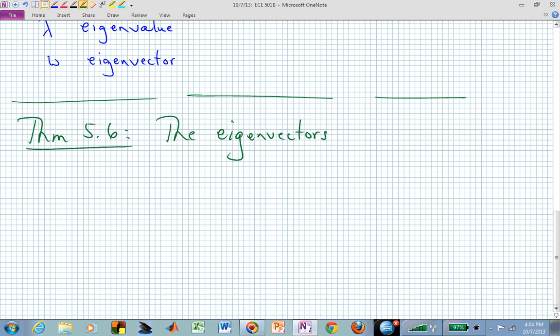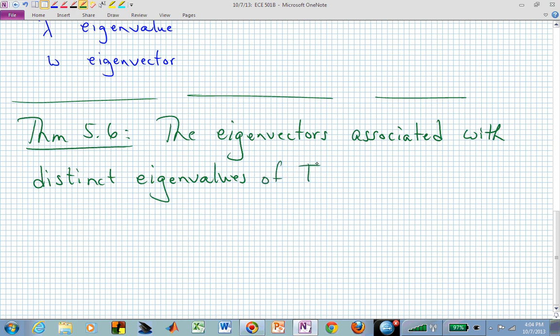The eigenvectors associated with or corresponding to distinct eigenvalues of some, let's say, linear map T, those eigenvectors are actually linearly independent.